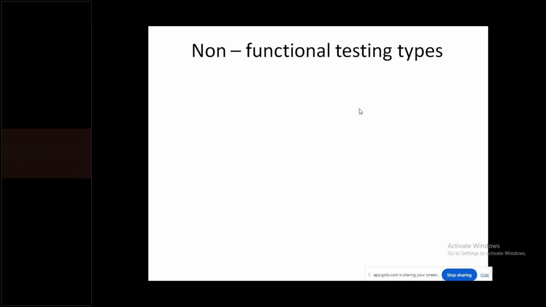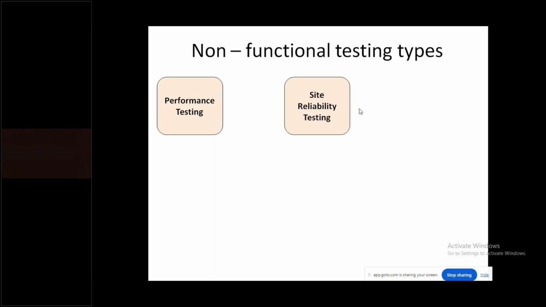But in non-functional, these are the points. So there are different types of testing in non-functional, guys. And performance testing is one type of non-functional testing. The other one which I told you about, the disaster recovery, the application availability.